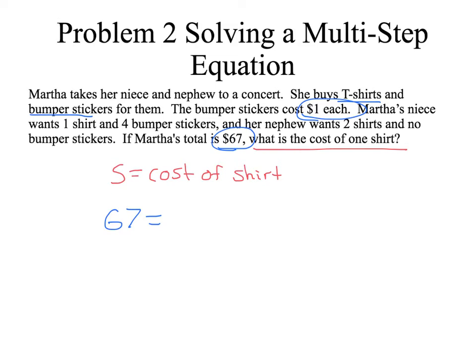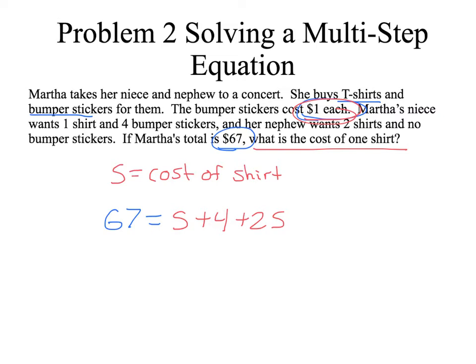So Martha's niece wants 1 shirt. Okay, so that's going to be an S. Plus 4 bumper stickers. But you know each bumper sticker costs $1. So we can really just add on $4 for the 4 bumper stickers. Her nephew wants 2 shirts. So we need to add on 2S for her nephew and no bumper stickers. So we don't have to add anything else.